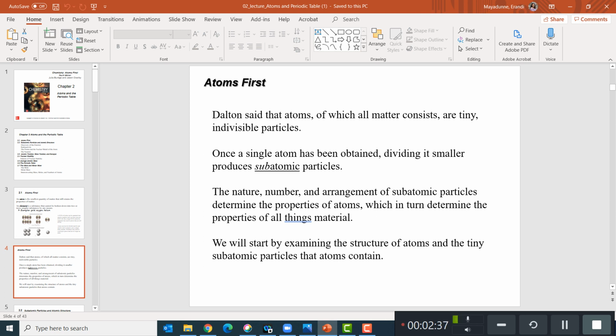So the nature and the number of subatomic particles determine the properties of the atom, which in turn determine the properties of the material. That means each atom is different. How is each atom different? By the number of subatomic particles. Each has different subatomic particles, so that is a different atom. These atoms make elements, so elements have different properties.